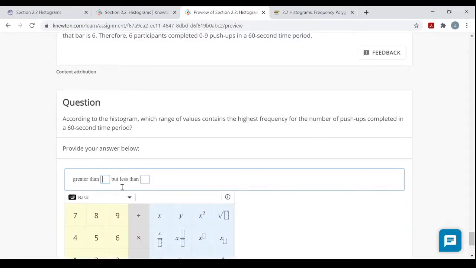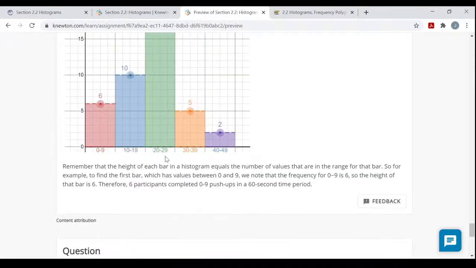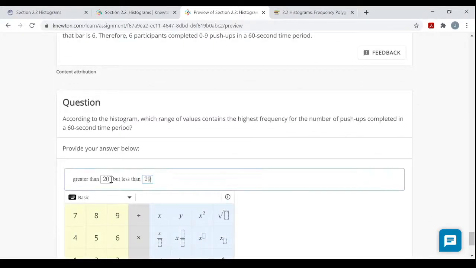If I put 20 to 29, I think that would be wrong. The reason is, this is 20 to 29 including 20 and 29. So 20 is not greater than 20, right? 20 is equal to 20. So I'd say greater than 19, but less than 30. That'll be from 20 to 29.